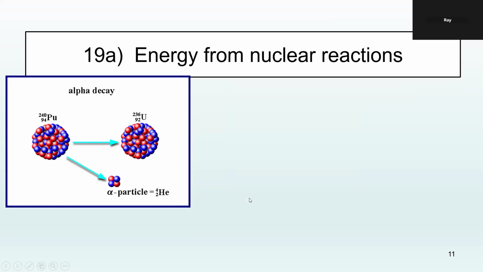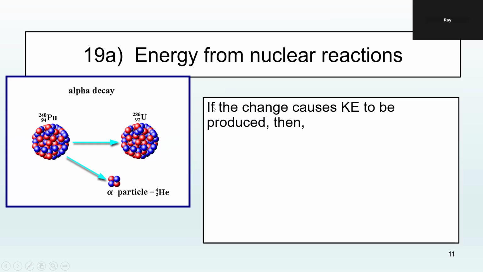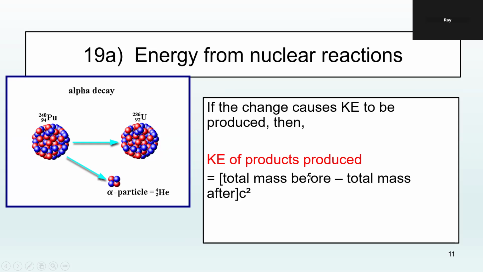Energy in nuclear reaction. Okay, let's look at specifics. If the change causes kinetic energy to be produced, then the kinetic energy of the product produced equals total mass before minus total mass after, times c squared. There's a change in mass times c squared.